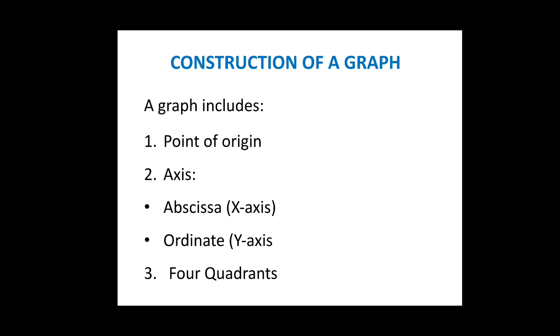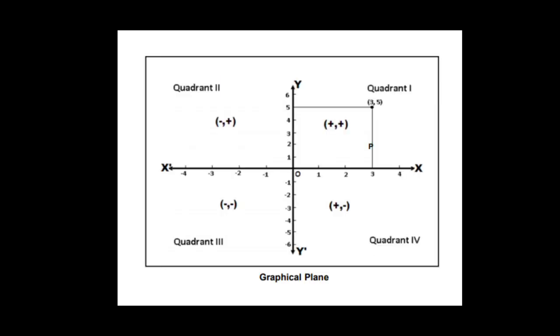Students, the x-axis and y-axis, which are mutually perpendicular to each other, divide the plane of the graph paper in four parts, and each part is called a quadrant. Thus, there are four quadrants in the whole plotting area. Here in this slide is the graphical plan.